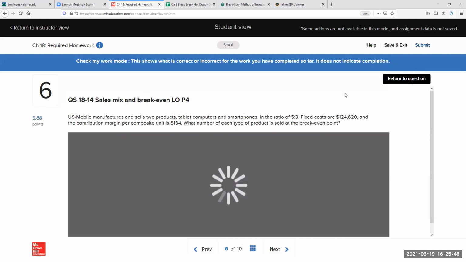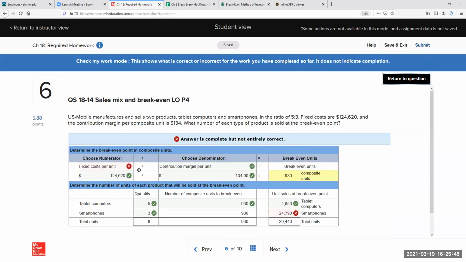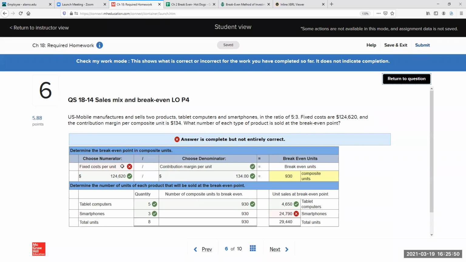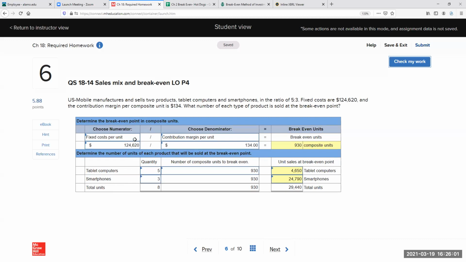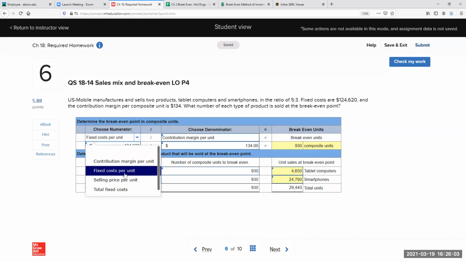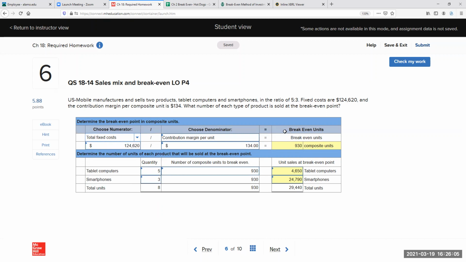All right, let's check how we do. Fixed costs per unit. Choose the numerator. Well, how can we get part of them and not those? Okay, I know what it is. Instead of fixed cost per unit, it's just total fixed cost. Now the composite units, why did it not like it? Oh, look, I just put the wrong thing there.